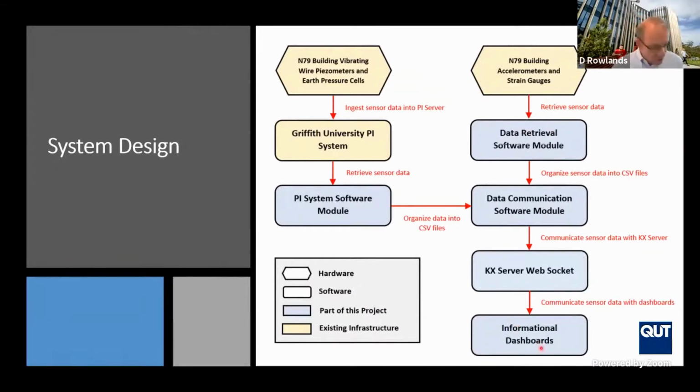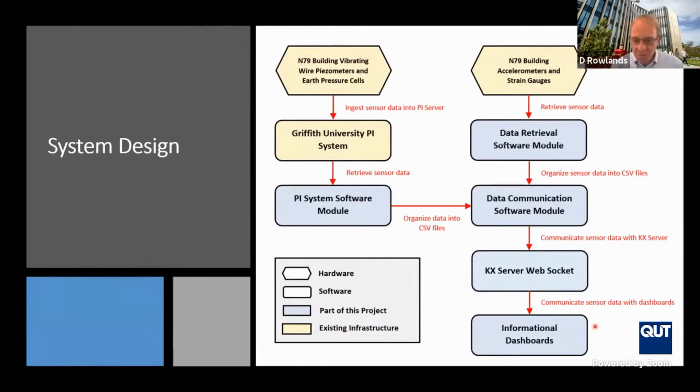In order to create that informational dashboard, we were going to need a framework, and that's where the Urban Institute came in. They work with a smart data system that they've created, which is built around the KX system. So they have a KX server there. Our whole idea was that we would collect the data from the various sensors, convert it into a format, and get it to the KX system.